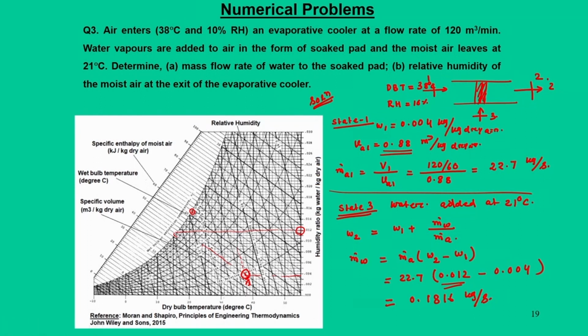Then for omega 2 at 0.012 kg per kg dry air, WBT equal to 21 degree centigrade, this will give phi close to 70%.